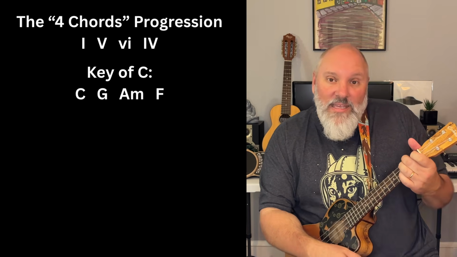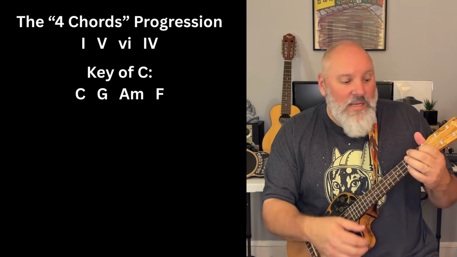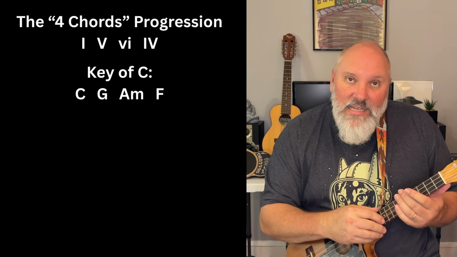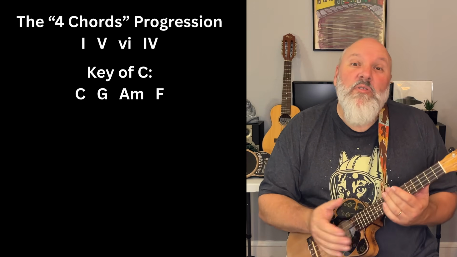And the 4 chord in the key of C is an F major chord. So it's easy when you're in the key of C to visualize these and to figure out what these Roman numerals stand for.